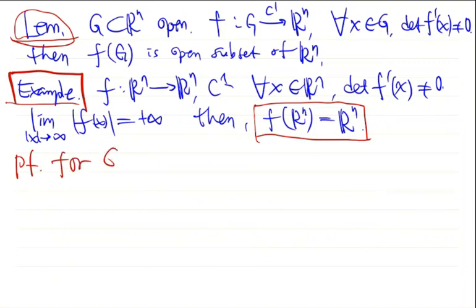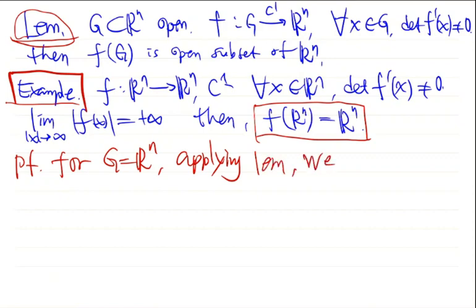For G is Rn itself, applying the lemma, we see that the image is open. Okay, compare the conditions, compare the assumptions. We see that the map F satisfies all the assumptions for the lemma.